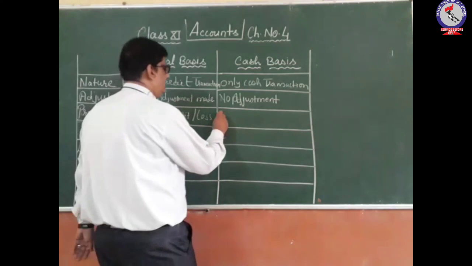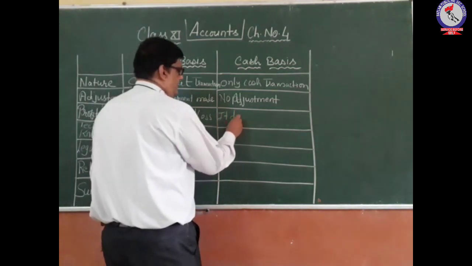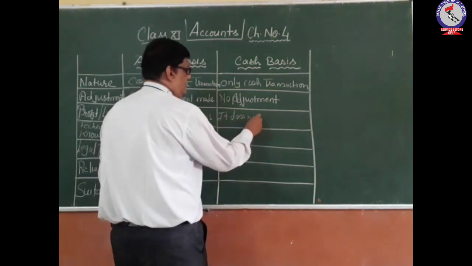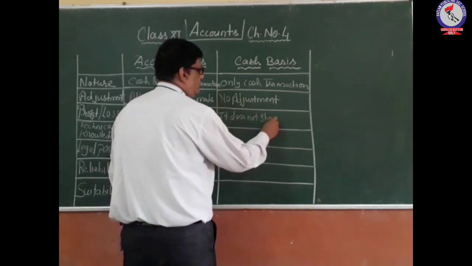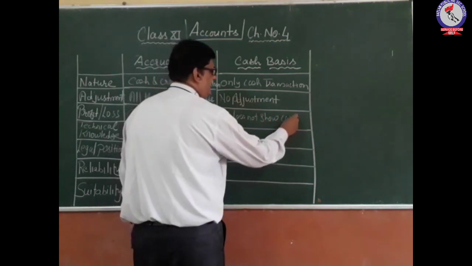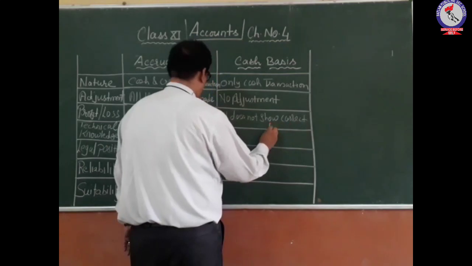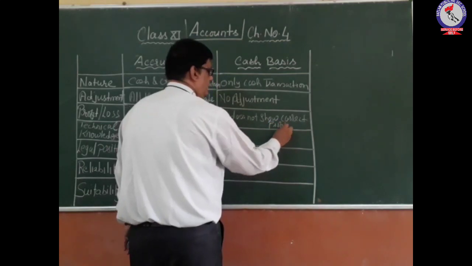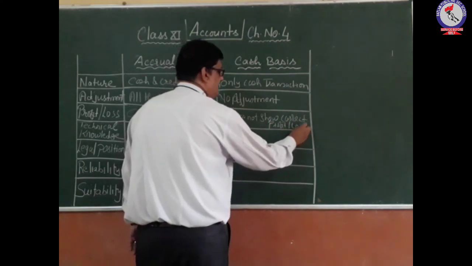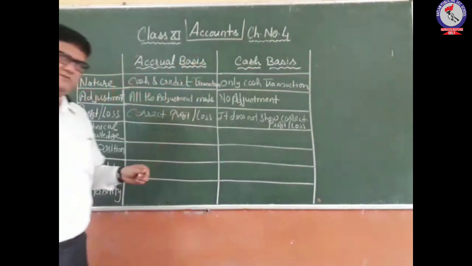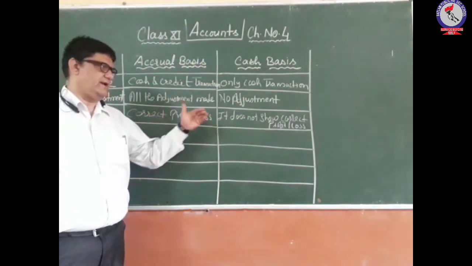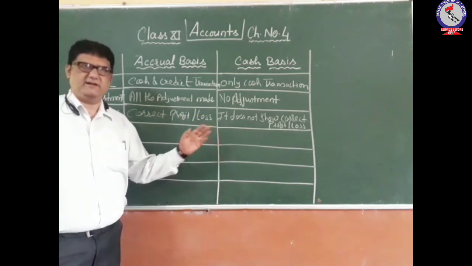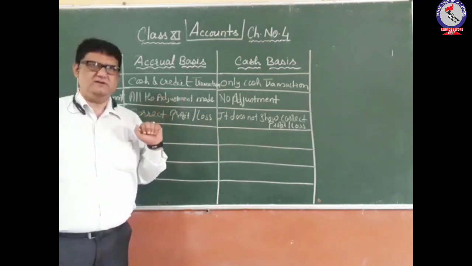And here, the cash basis does not show the correct profit and loss, as it is made only on the cash basis. So we are not able to find the correct profit and loss in the cash basis of accounting.